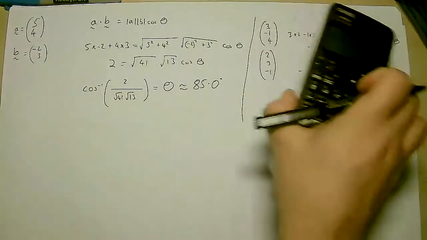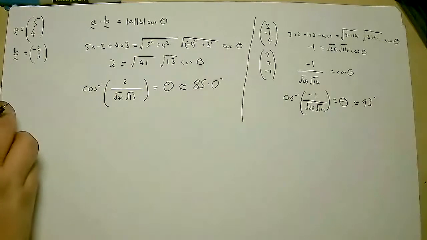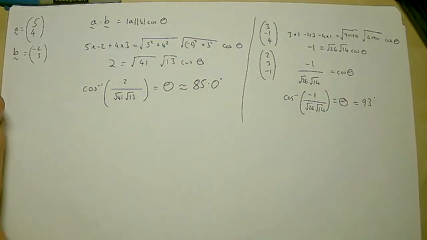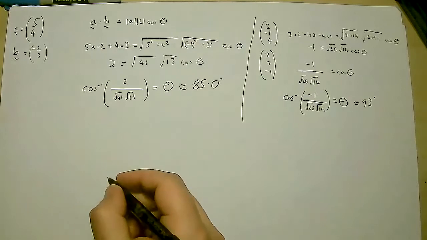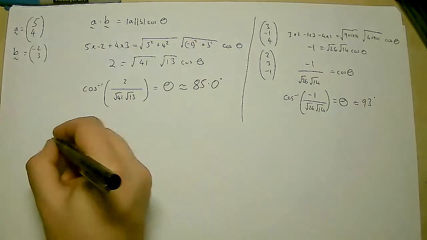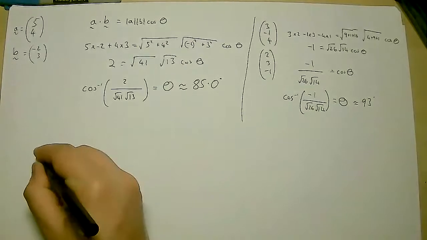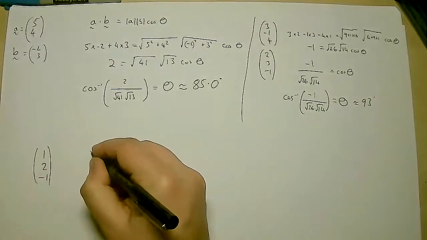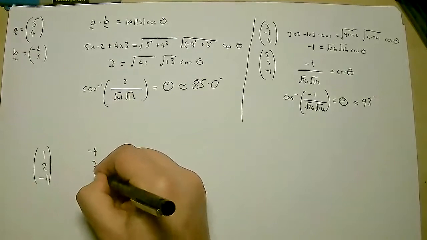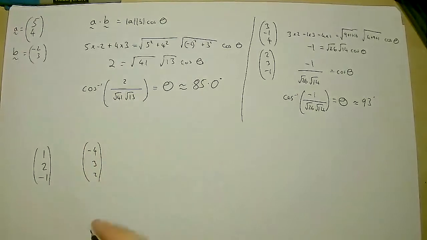Right, one more example, because it's quite an important special case. I'm happy to do this in 3D, but you could easily do it in 2D. If we do 1, 2, -1 as a vector, and we have -4, 3, 2 as a vector.